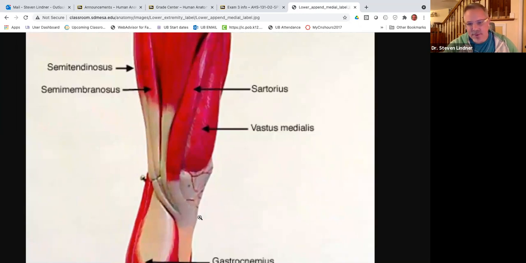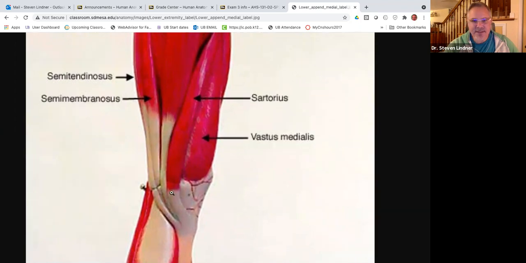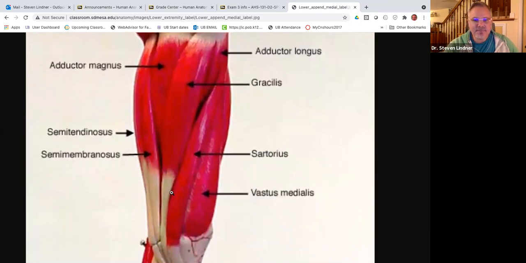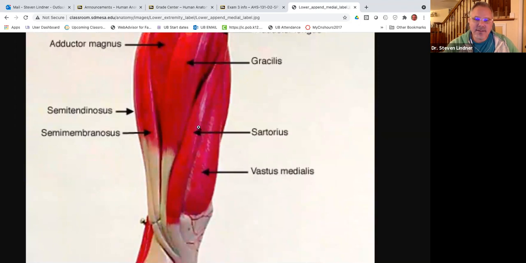Here's the tibial tubercle. So posterior to it, we have 1, 2, 3 tendons that attach there. Let's take a look at them. From the front, it's the sartorius. That's one of the muscles of the pes anserine. Just posterior to it is the gracilis, which is here.